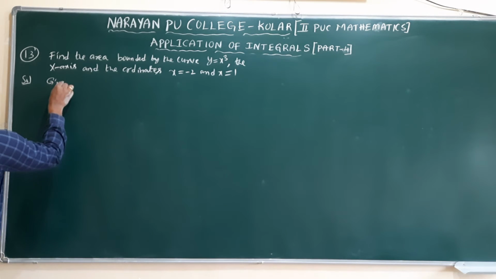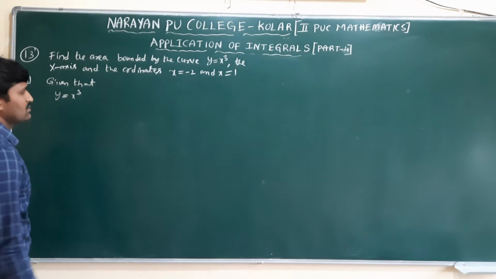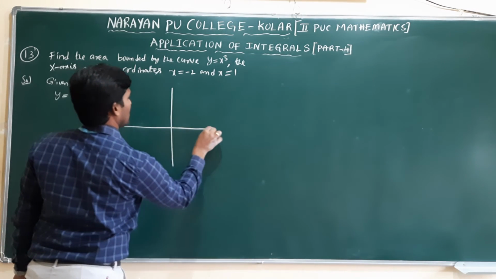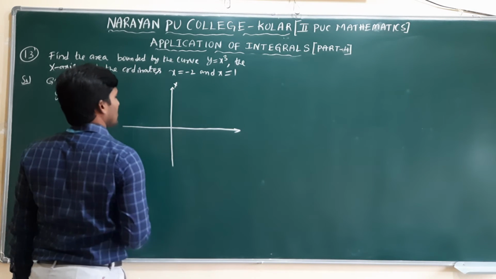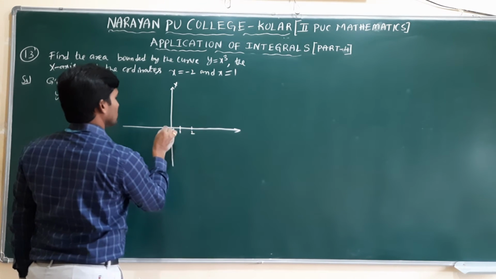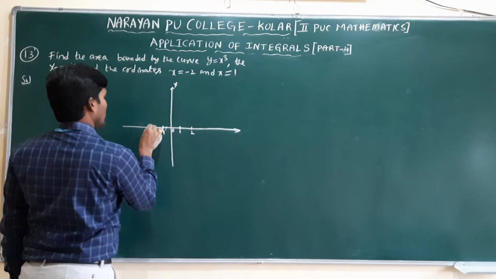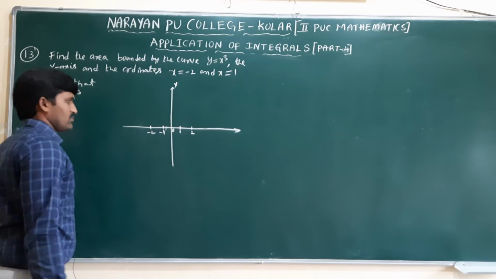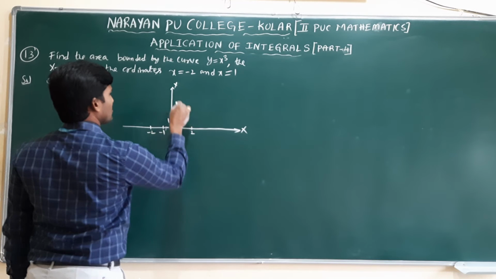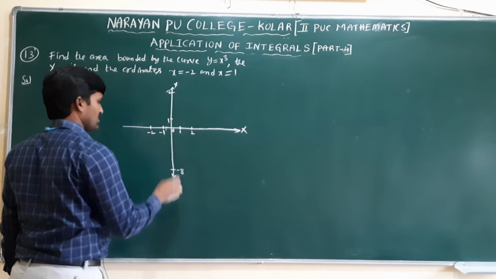When you don't know the graph, just take x values and you will get y values from that. Take 0, 1, 2 and minus 1, minus 2. This is the x-axis. For 1, 2 I will take 8 somewhere, and minus 8 somewhere.